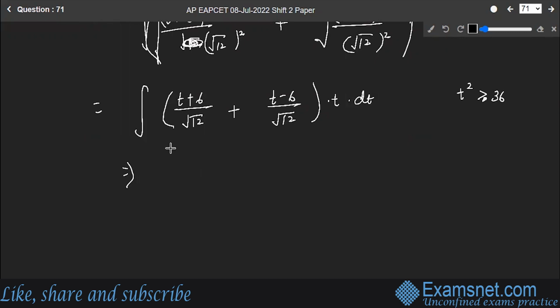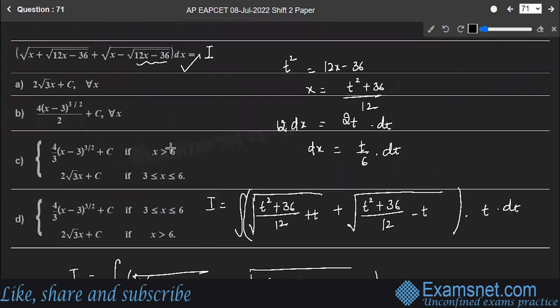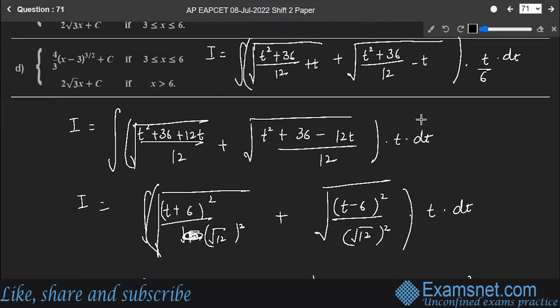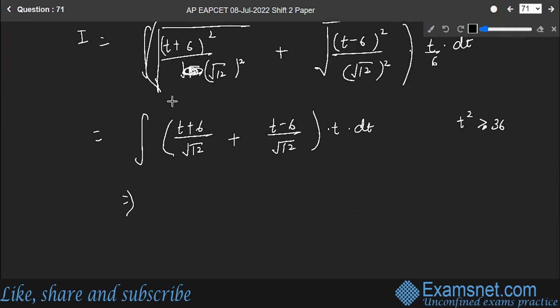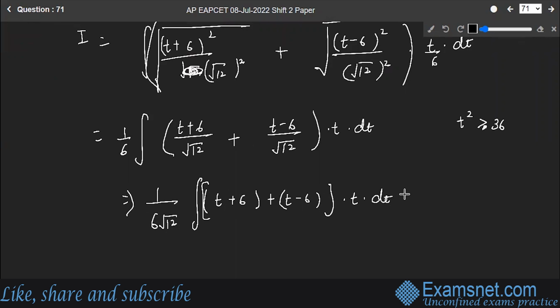So one thing more, I forgot there was a 6 over here. Yes, this 6 was over here. So here is 6. Here is 6. Here is 6. And I have taken that 6 outside in this case. Now this can be written as 1 by 6 root 12 into integral of t plus 6 plus t minus 6 whole multiplied by t dt.